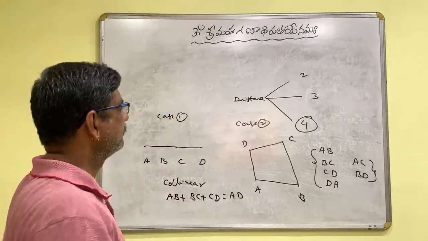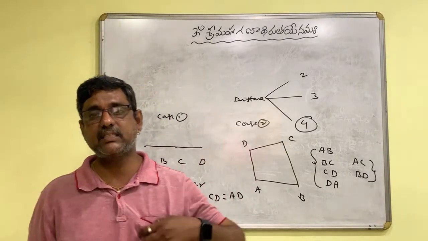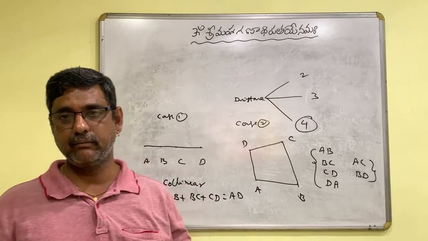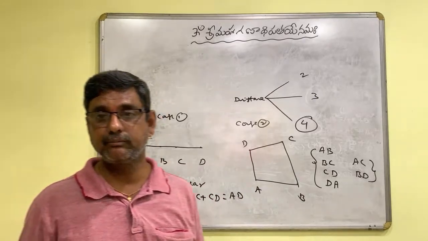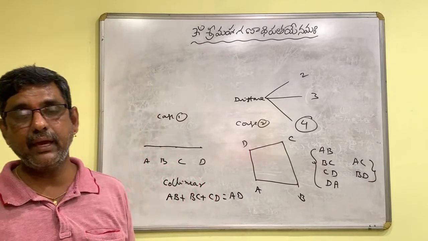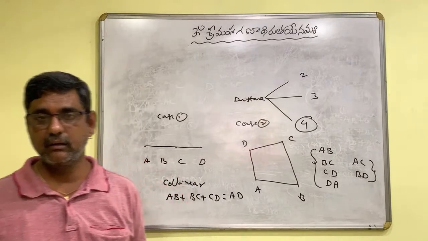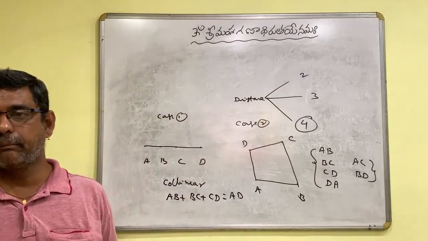Then it becomes a rectangle. For a parallelogram, if we prove only opposite sides are equal, then we can call the quadrilateral a parallelogram.